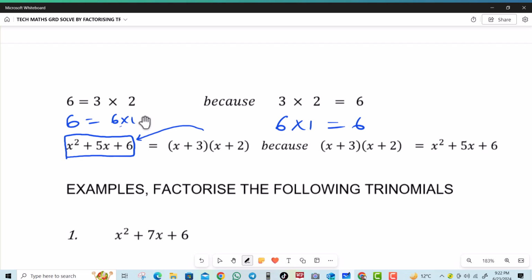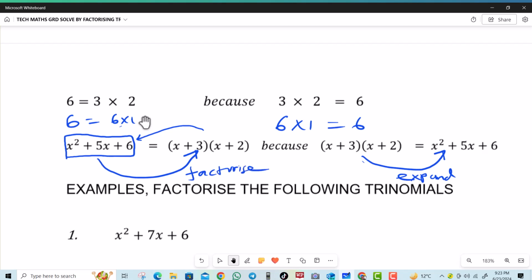So x plus 3 multiplied by x plus 2 gives us x squared plus 5x plus 6. Moving this way is called expand; the question will say expand or simplify. But if we go from the expression to the factors, that is called factorize.